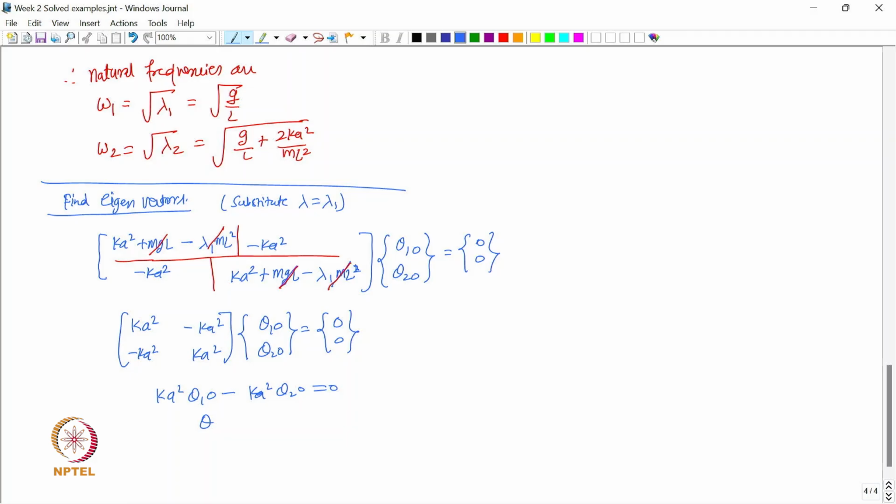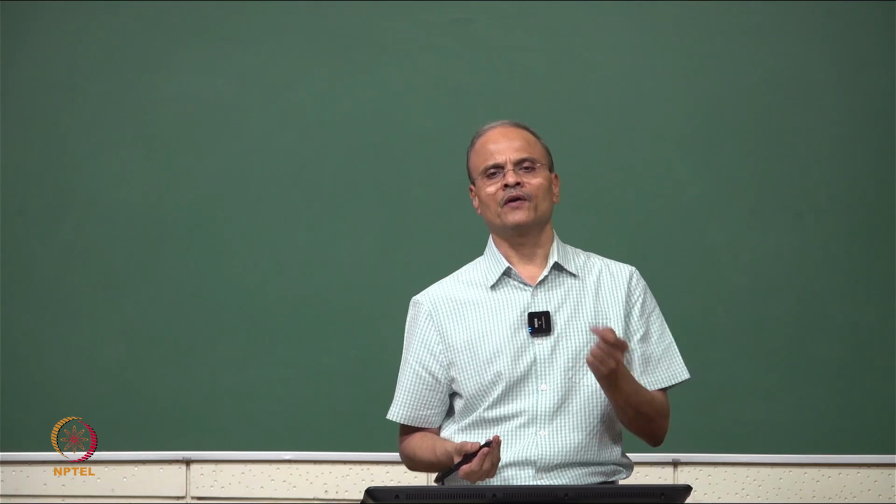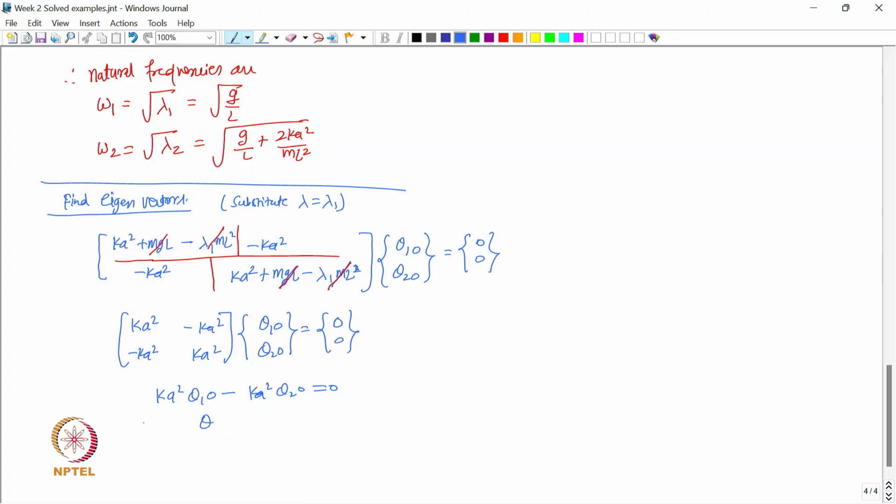So essentially we only have one equation and there are two unknowns, θ10 and θ20. They cannot be determined in a unique way, so we will have to assume one of the unknowns and then find the remaining one. If I assume θ10 is equal to 1, then solving this I get θ20 also as 1.